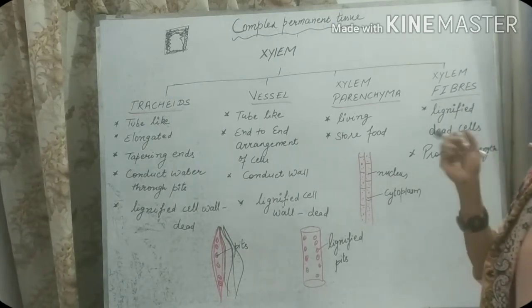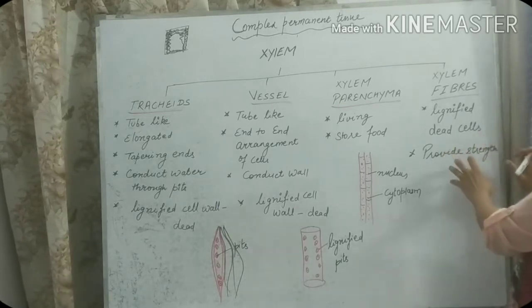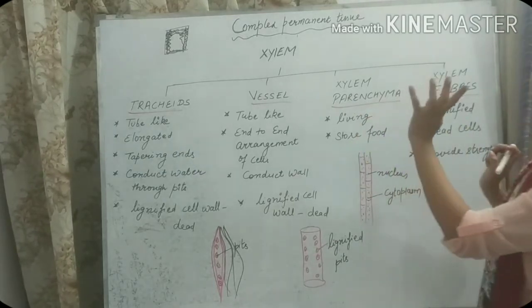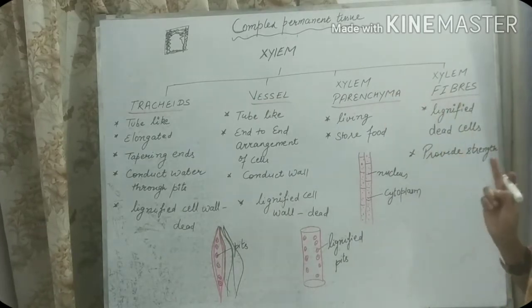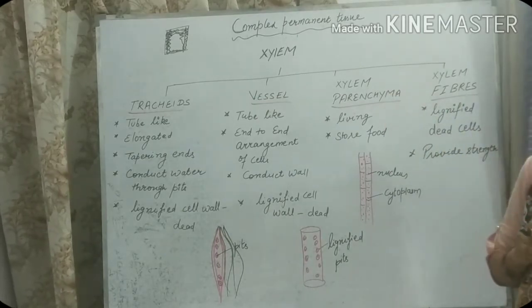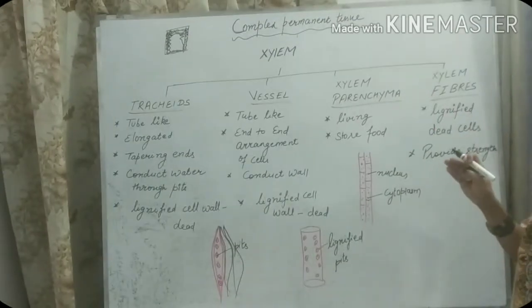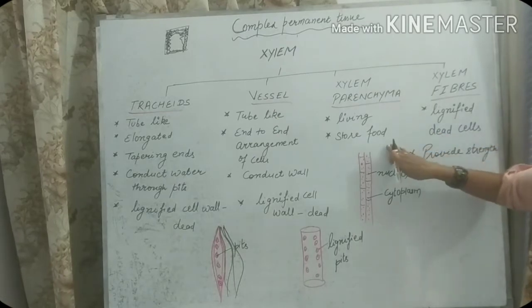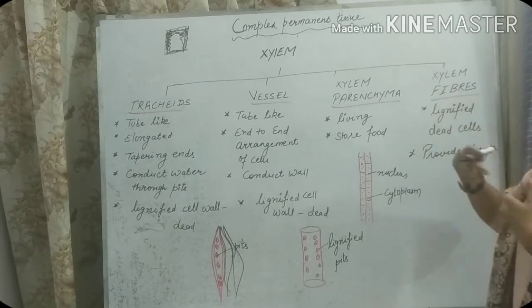So the mechanical power comes to the xylem tissue because of the xylem fibers. And here I have missed one point: the main function of xylem parenchyma is the same as we have read in parenchymatous tissue, that the function of parenchymatous cells is mainly to store food. So xylem parenchyma stores food for all metabolic activity.